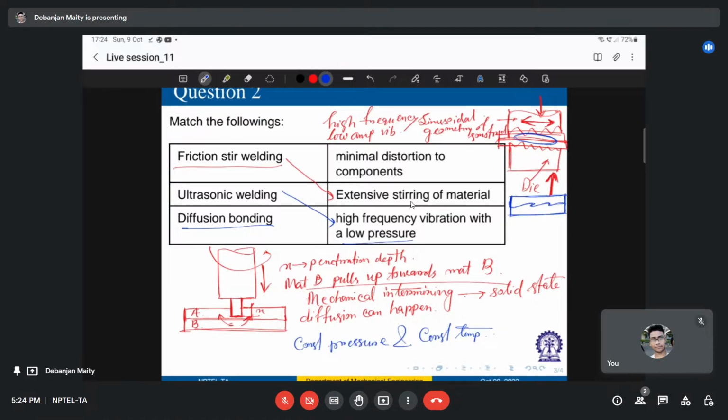There will be no external force applied like what happens in friction stir welding. In friction stir welding, obviously the pressure is varying, right? Because of that tool rotation, maybe there will be vibration of the machine. In ultrasonic welding there is also vibration, so for that reason pressures are elevated. But in diffusion bonding, it's all constant pressure and constant temperature, and it's all purely on atomic diffusion. So in diffusion bonding it takes a very long time to complete.